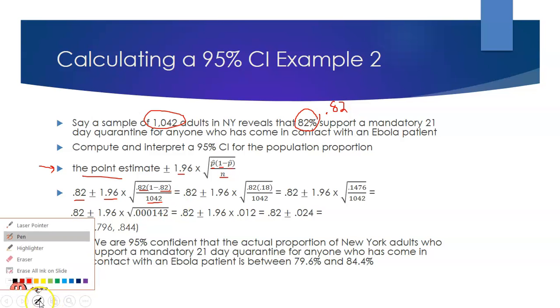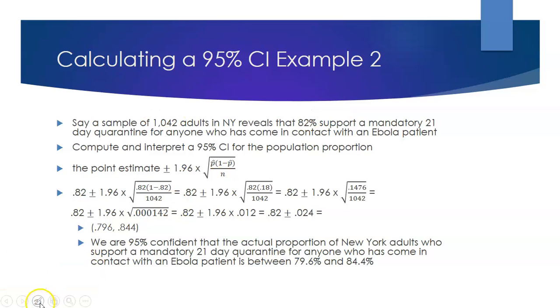Just like what we did with the last slide, the first step is to solve for the standard error. We always do our subtraction inside the parentheses first. So 1 minus 0.82 gives us this value over here, 0.18. All this other stuff in the equation stays the same.